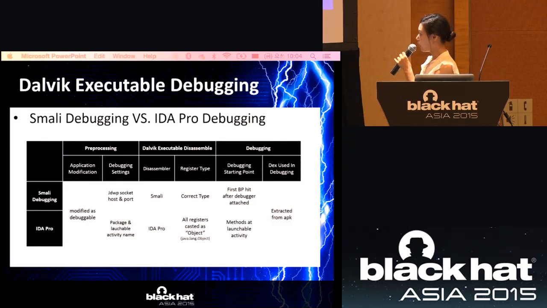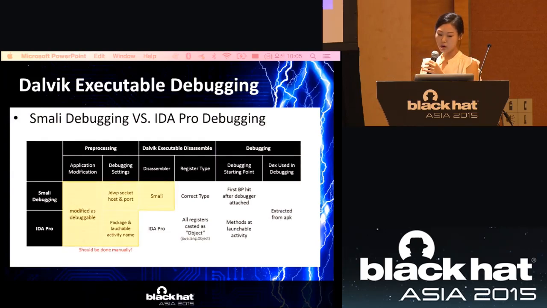In the case of IDA Pro, it requires package and launchable activity names. For Dalvik executable disassembly, Smali debugging needs the APK file to be disassembled by using APK tool to get Smali code. IDA Pro has its own disassembler, so it does not need a manual code converting process.